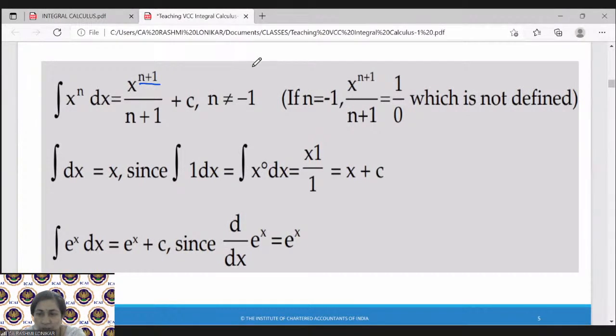In derivative, d by dx of x raised to n is n into x raised to n minus 1. But here in integration, the power is increasing, so it is x raised to n plus 1 divided by n plus 1. Here we had multiplication, n into x raised to n minus 1.